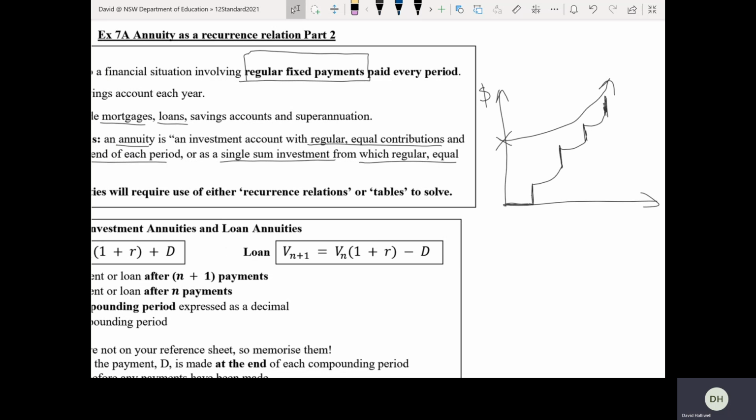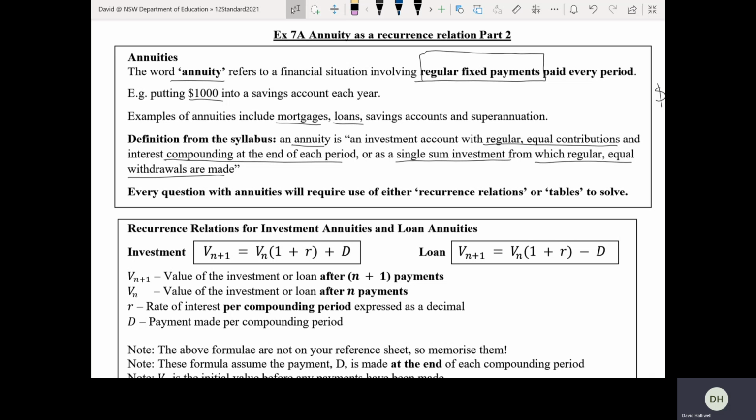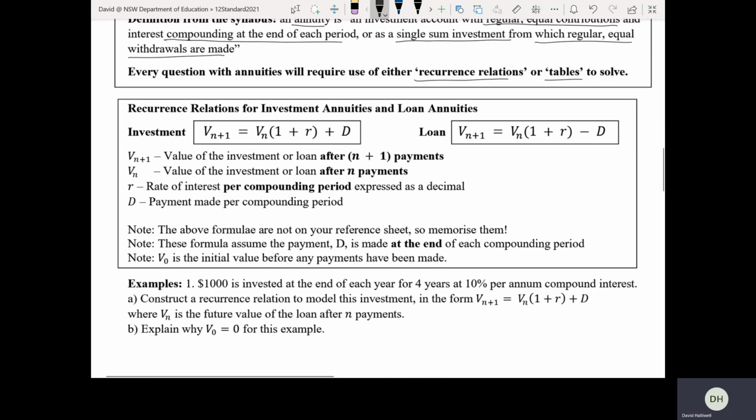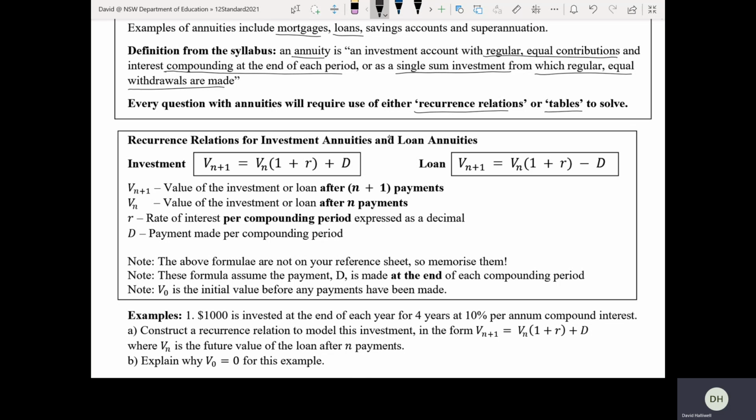So rather than using formulas to work these out, we focus on using either recurrence relations or tables to make our calculations easier. And in this video, we're going to focus on the recurrence relation. There are two types of annuities to be aware of: the investment kind, and the loan kind, or one where withdrawals are made. For the investment kind, when we're adding a fixed amount, you'll see that there's a plus D at the back, and we'll talk about what these letters mean in a second.